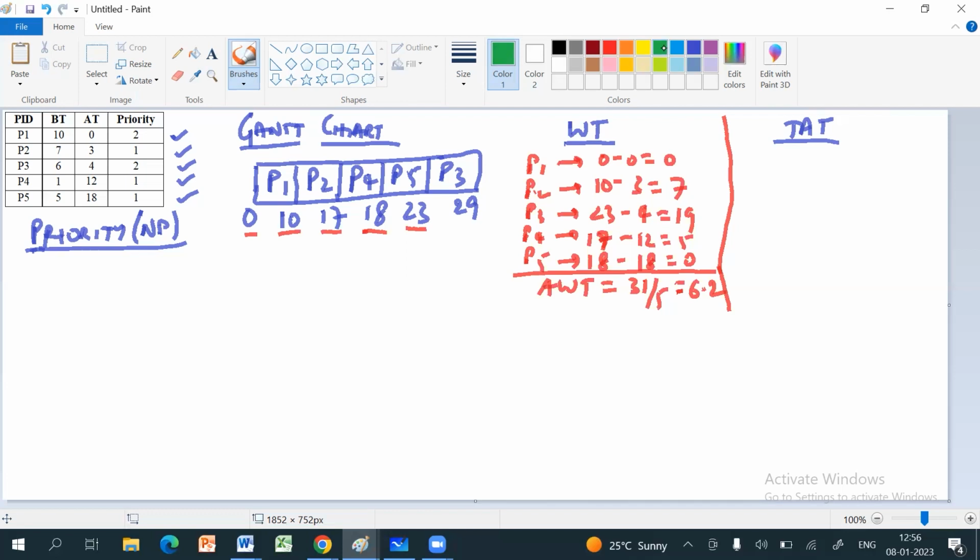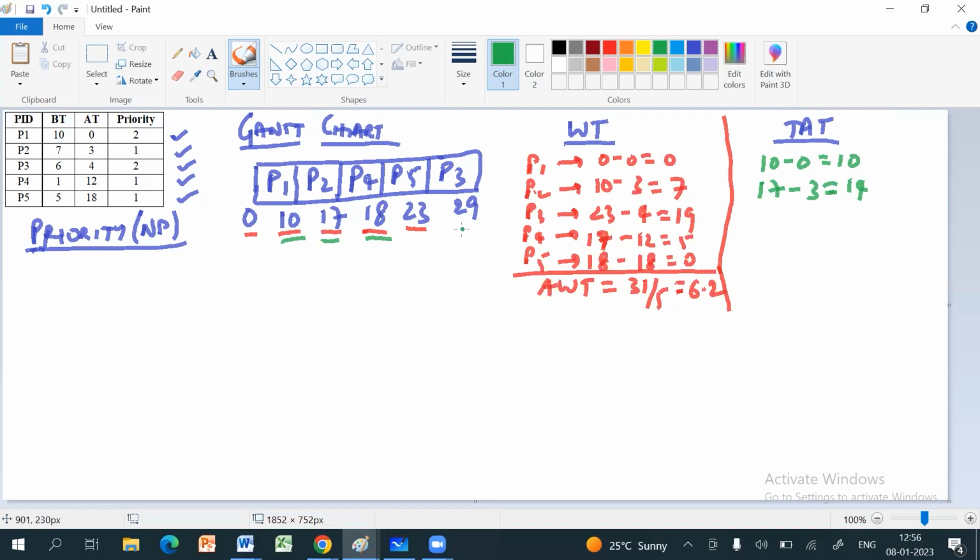So turnaround time is completion time minus the arrival time. P1 completed at 10, so that would be 10 minus 0. P2 completed at 17, so 17 minus its arrival time 3, which is 14. Then P3, my mistake, sorry.